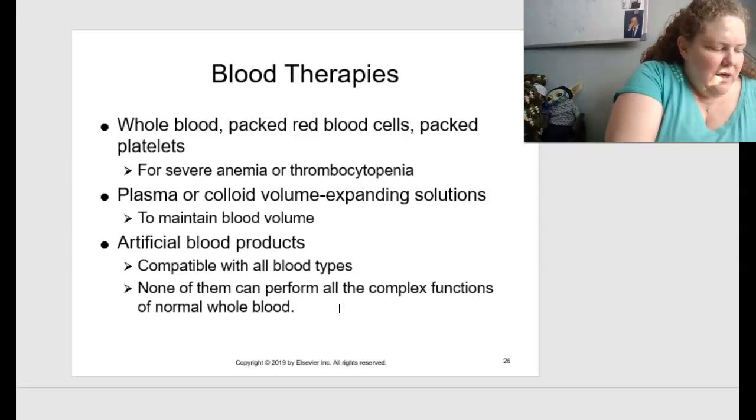You also have artificial blood products, and these are available, but none can perform all the complex functions of normal whole blood cells. They're compatible with all blood types, which is great. One example of it would be Hemolink, and this is made from human hemoglobin, whereas Hemopure is made from cow hemoglobin.